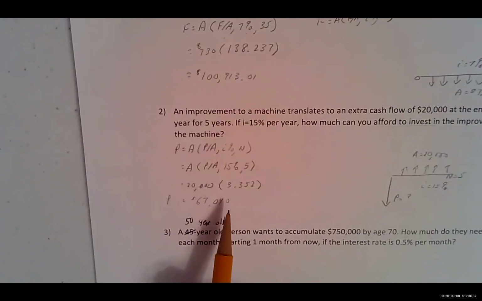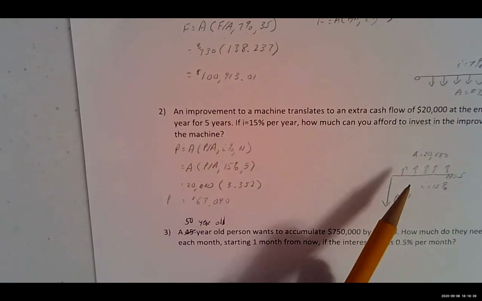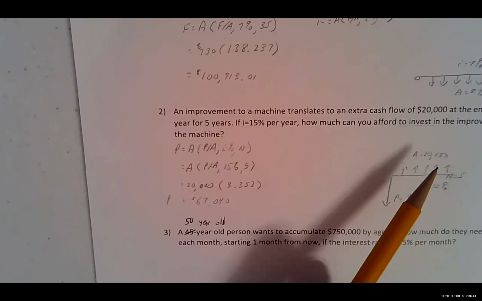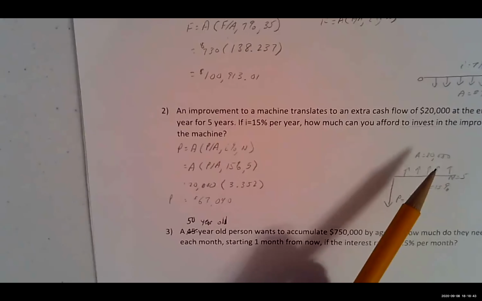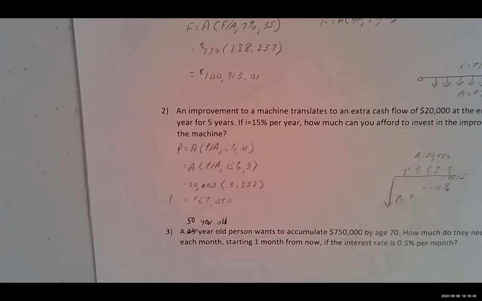So that means as an engineer, I could justify $67,040 to do an improvement because it's going to yield $20,000 every year over the next 5 years. Now, what if I was talking about something called ROI? What's my return on investment? Like, what's my 5-year return on investment? Well, I could say that I would have a break even, and we'll talk about this more in the future, but this is an introduction.